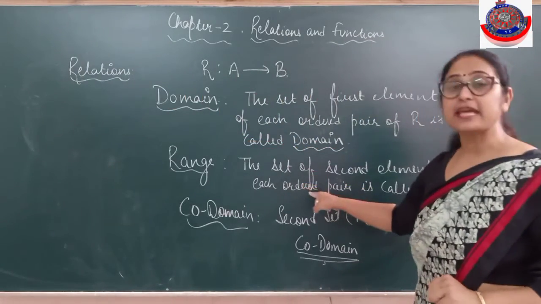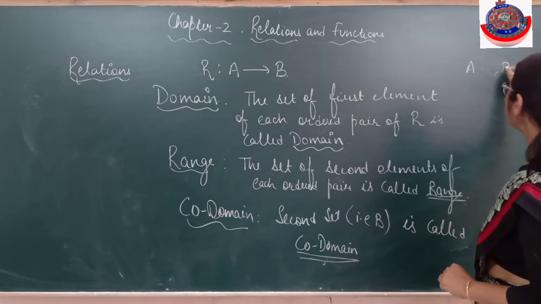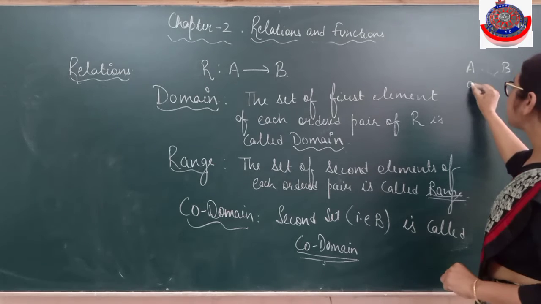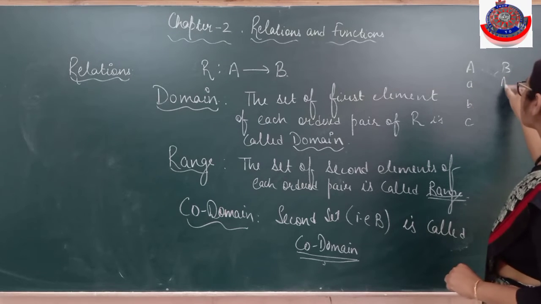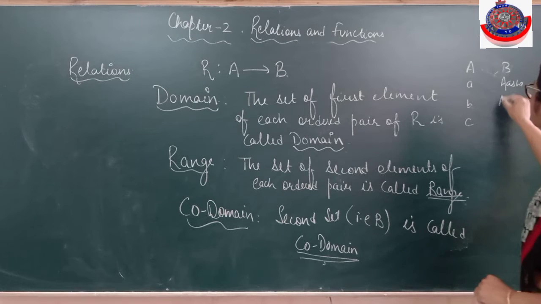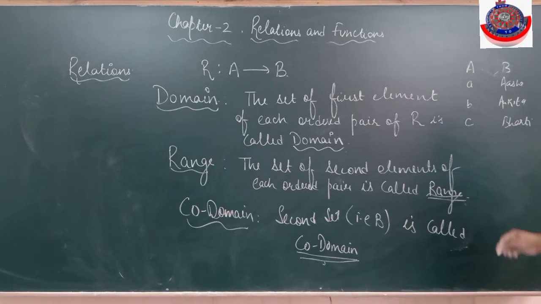और जो आंसर आता है, see it is like this, A, B. A के अंदर I had this A, B, C, and here I had the names Asha, Ankita, Bharti. Fine. Suppose यहाँ पर एक और नाम होता, say Veena.